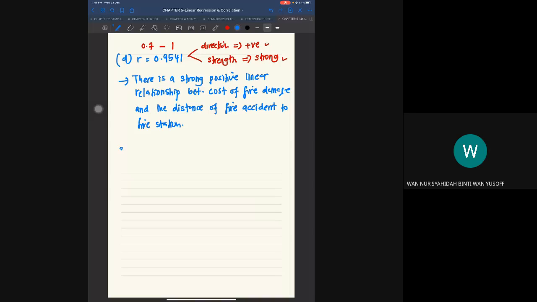Okay, E, coefficient of determination, you just square the R that you get.